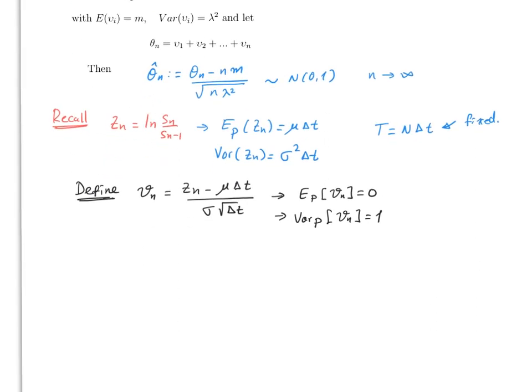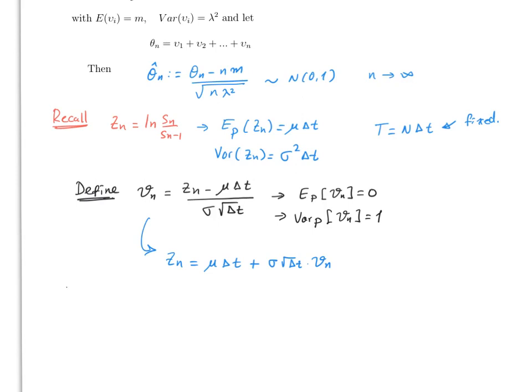Also, more importantly, from here you can rewrite Zn to be equal to mu delta t plus sigma times the square root of delta t times epsilon n.